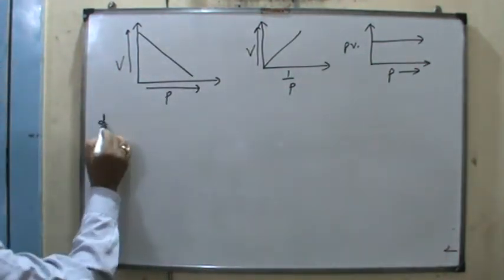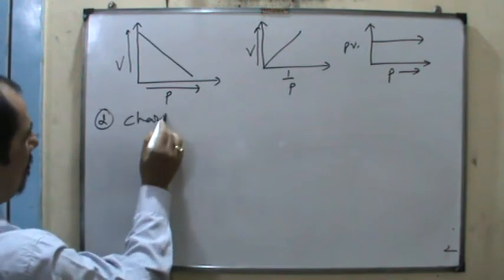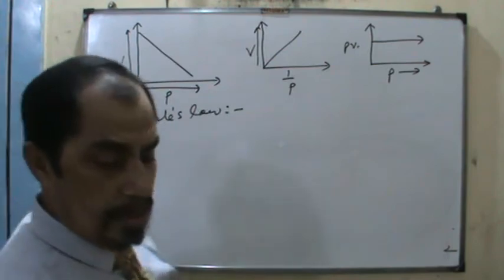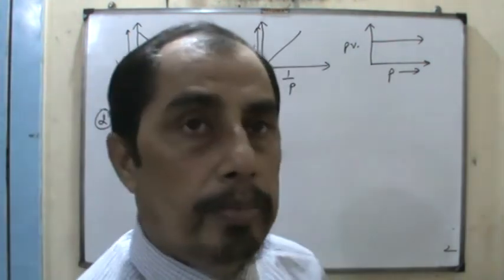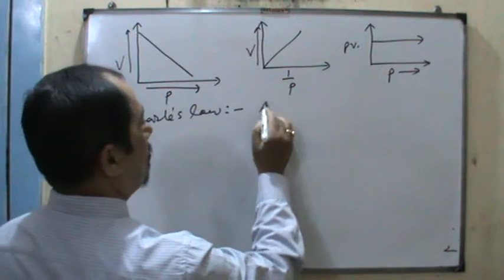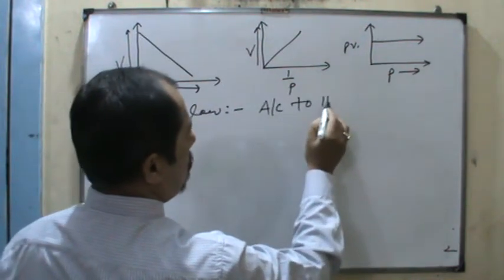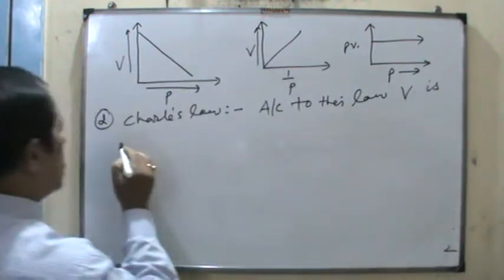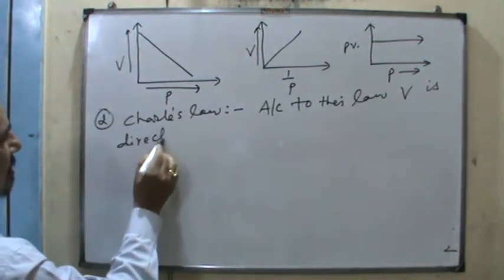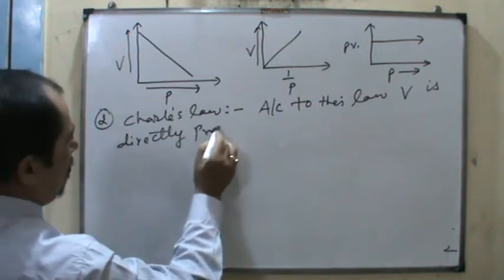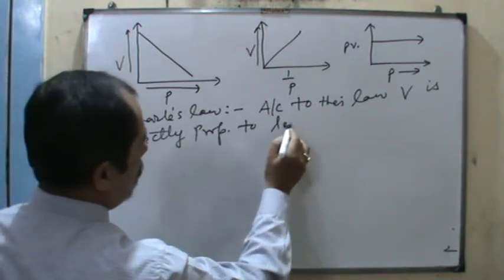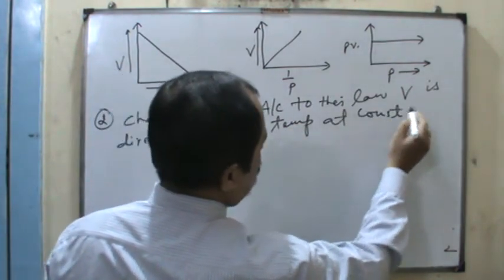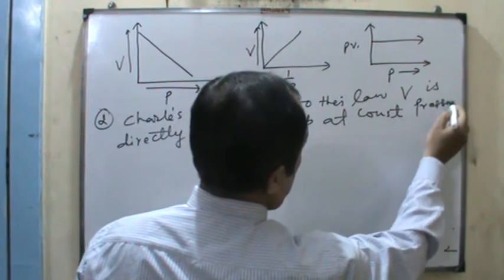So far as Charles' law is concerned, according to this law, volume is directly proportional to temperature at constant pressure.